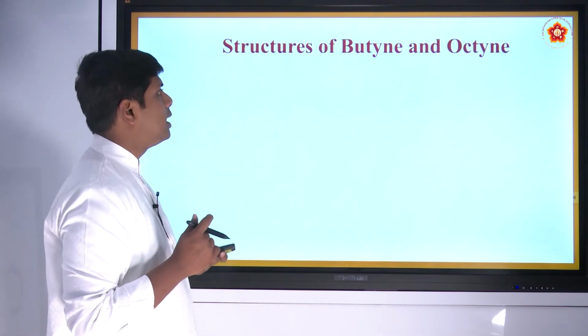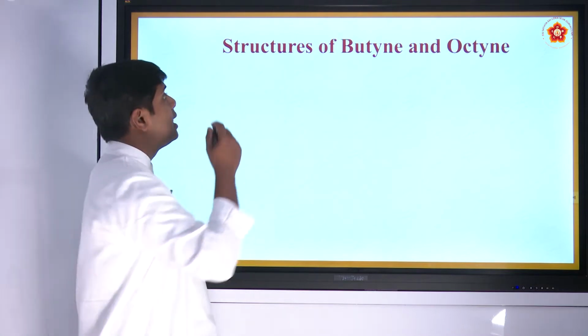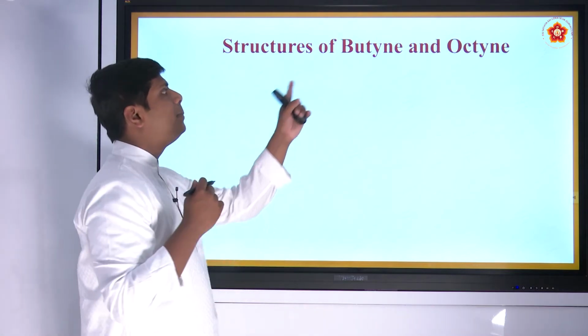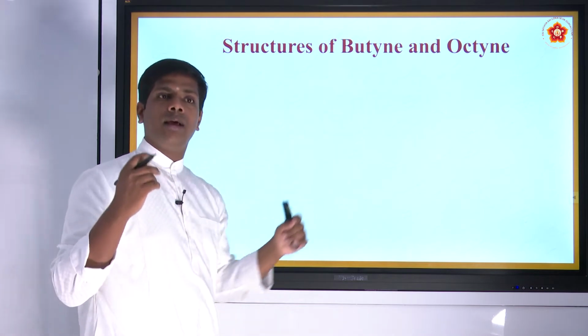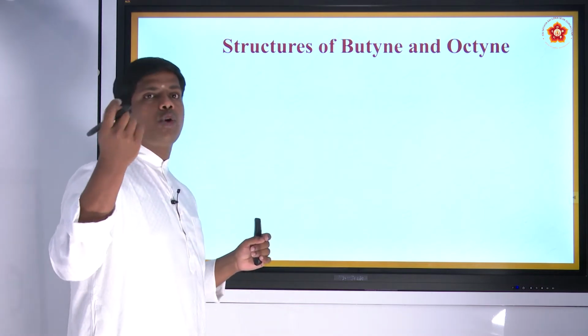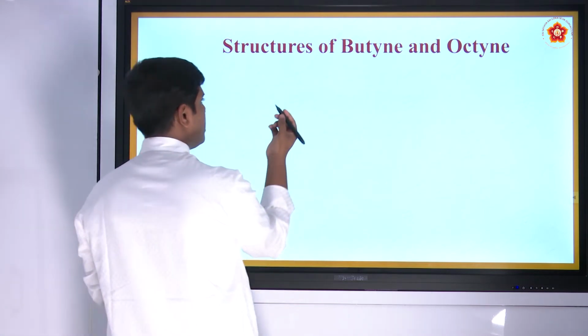Next, let us look into structures. Let us draw the structures of butyne and octyne. Can anybody try to draw these structures? Yes, let us draw now.